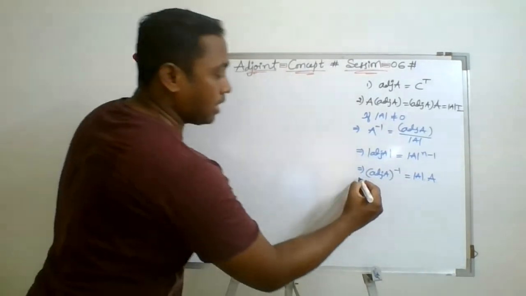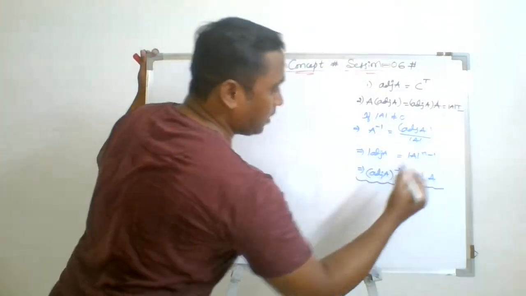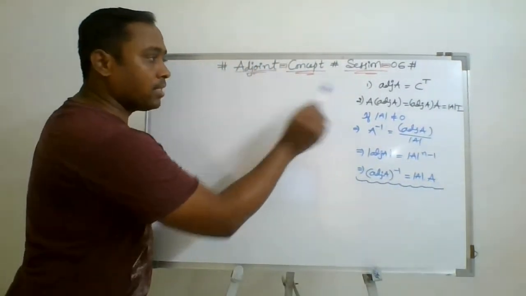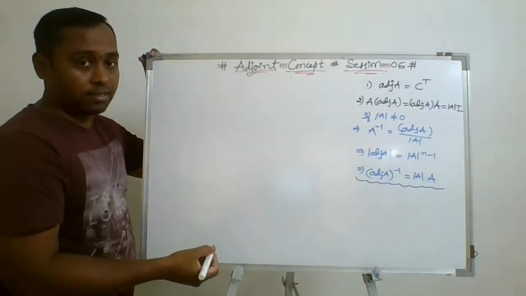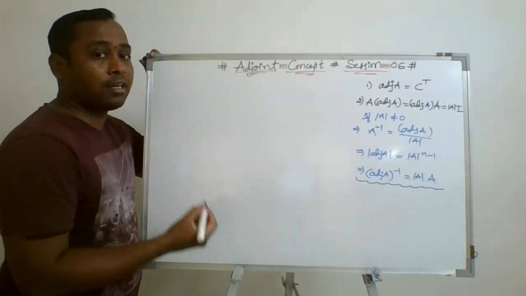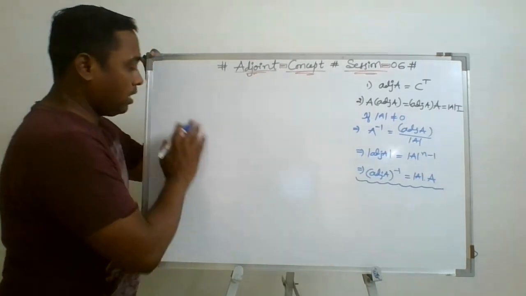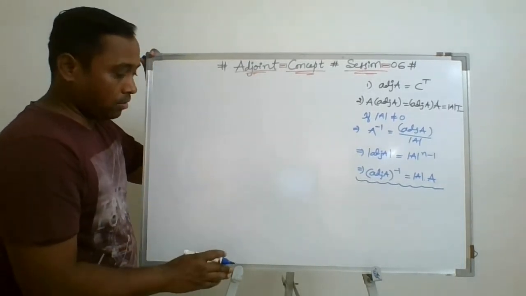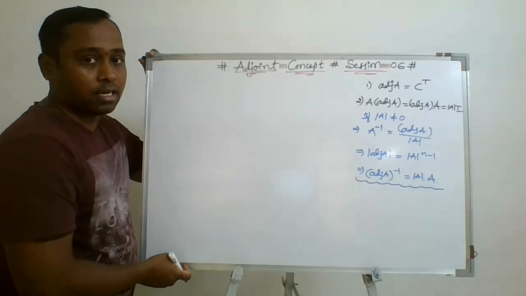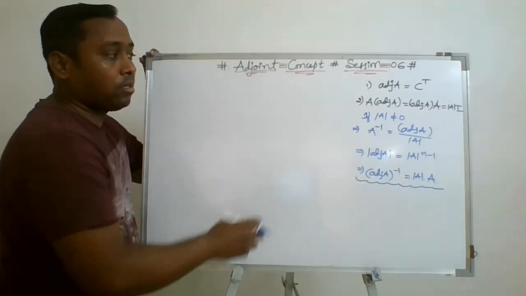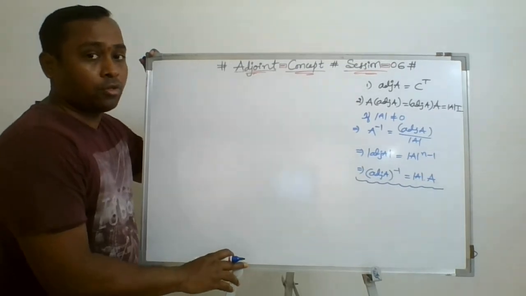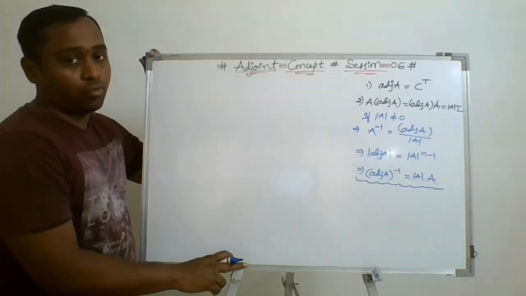Apart from this, there are several properties we can derive from this definition only, and I am just listing those properties here without discussing their derivation, because their derivation doesn't have any importance in this context. Only the results are important, and the list will be shared with you through the worksheet.